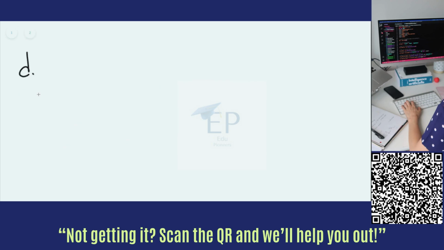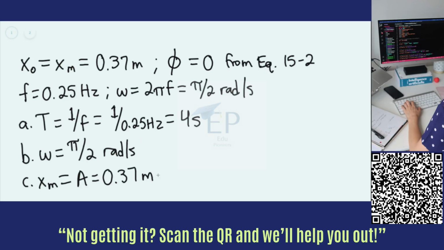For part D, from equation 15.3, we can then say that the x position would be equal to 0.37 centimeters. I said that this was meters here. My apologies. So this is centimeters and not meters.